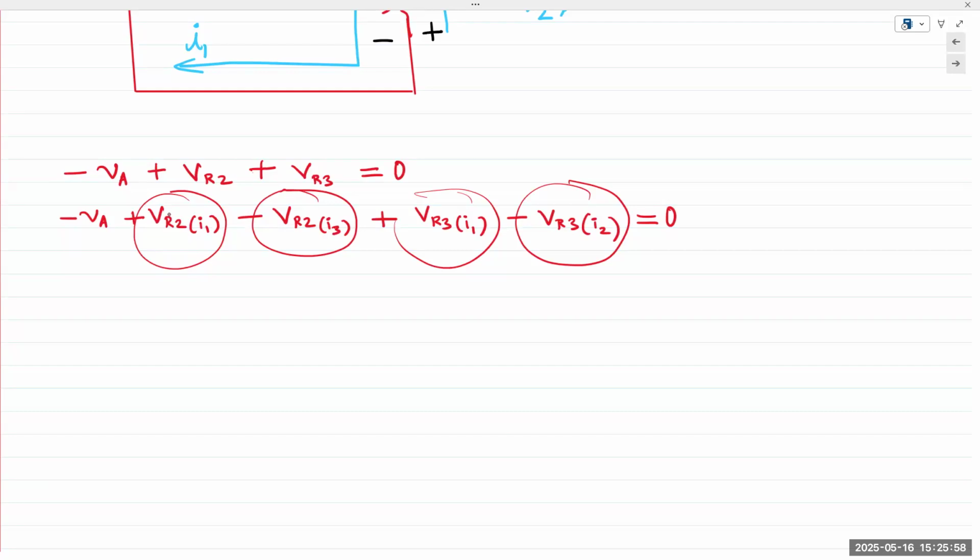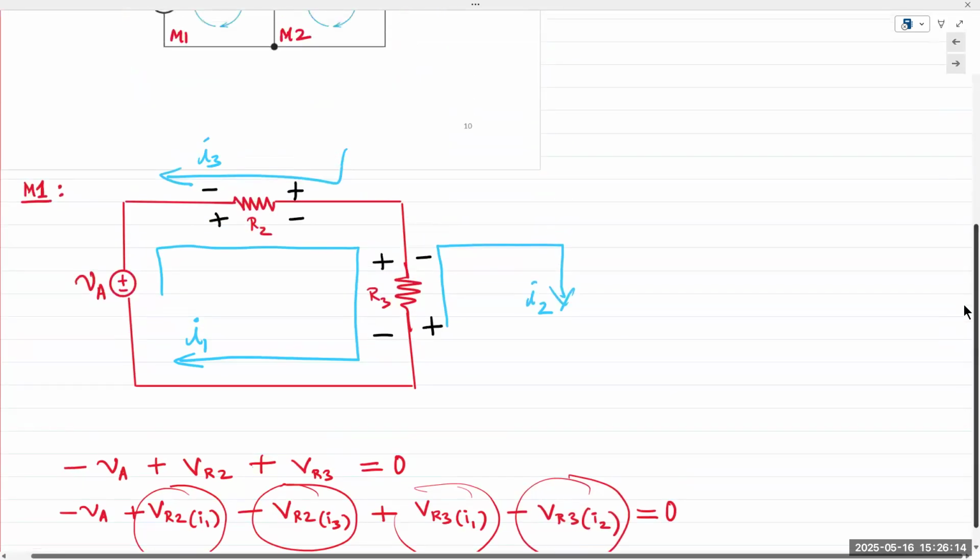If I choose all my currents to have a clockwise direction, then it is inevitable that one current will be flowing in the opposite direction to the other one. It is inevitable. If you choose all currents clockwise, or all currents counterclockwise, then the shared branch will have two opposite mesh currents flowing through it. So one will be added up, one will be subtracted.